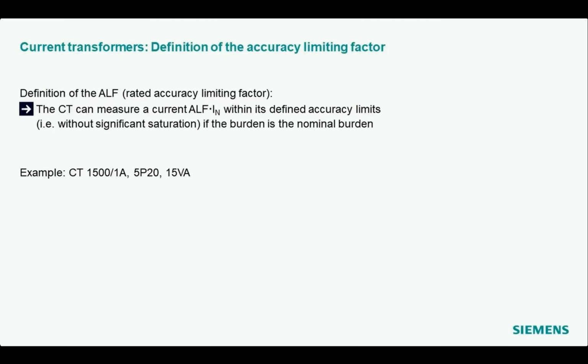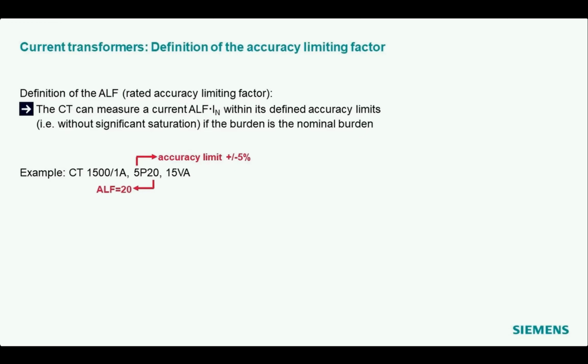We can again show this example. Our example current transformer: 15 amp to 1 amp, 5P20, 15 VA burden. This 5 means that the accuracy limit is plus minus 5%. You find also other current transformers, maybe 10 there. In our example, it's 5.